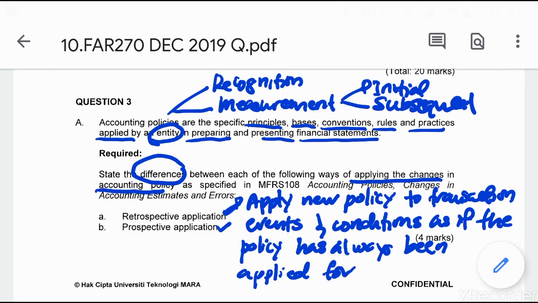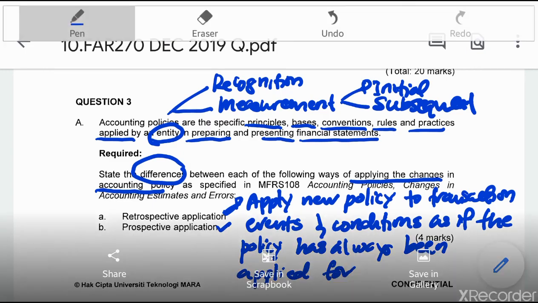That one is giving you 2 marks, right, for that part.